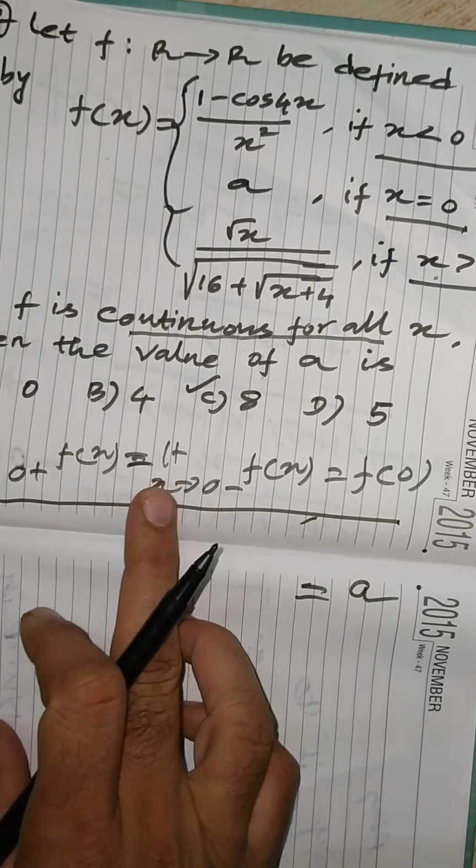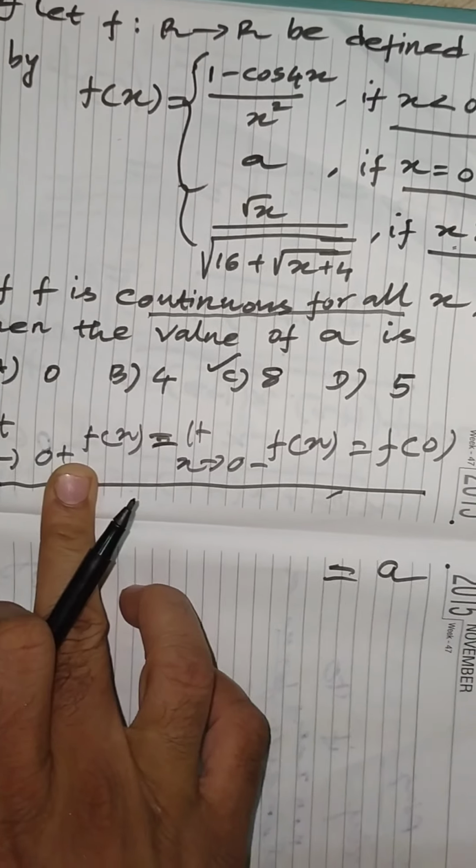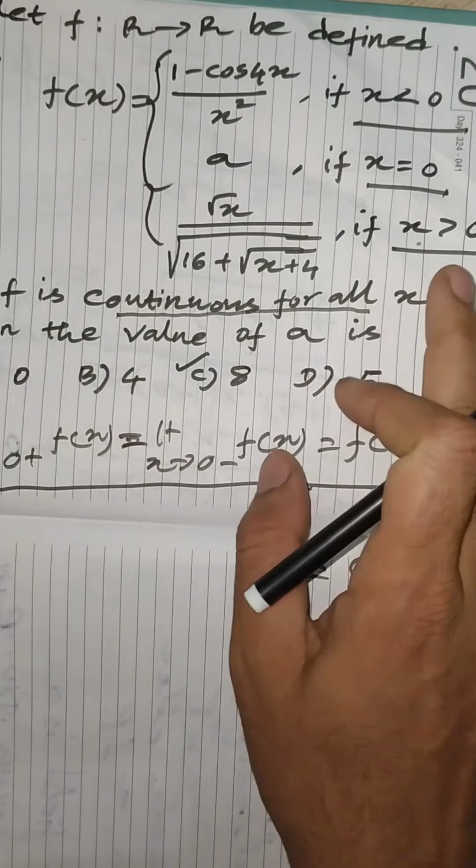So what about here, that is right approach. Right approach means this is the right approach. Apply the limit 0. So what will happen, root of 16 plus 0 plus 4, 0 plus 4 means root 4, root 4 value 2, then root 18.